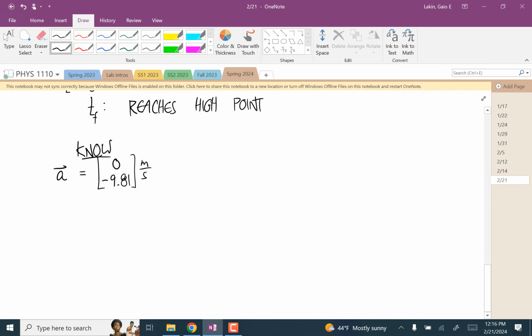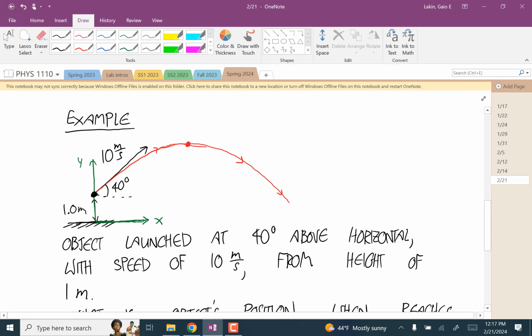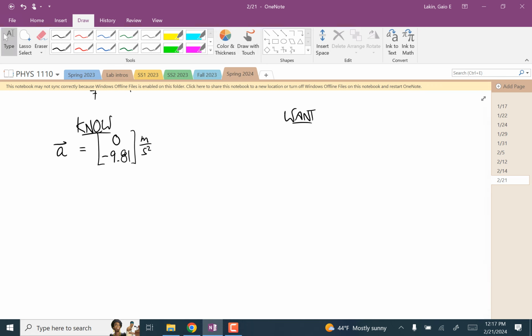Well, remember that the position vector you can think of as just the coordinates of the object. So what we're trying to figure out are the coordinates of that point right there where the object starts. Based on the coordinate system we chose, the coordinates of that black point are 0 for x and positive 1 for y. So that's P initial.